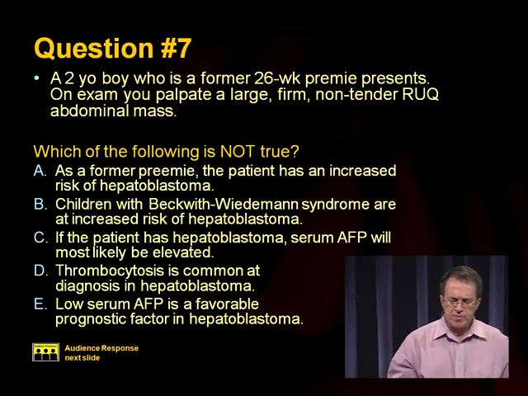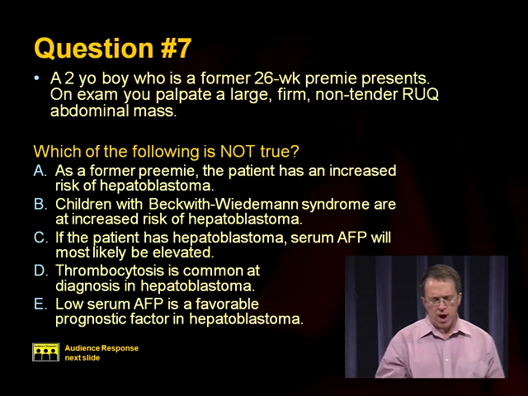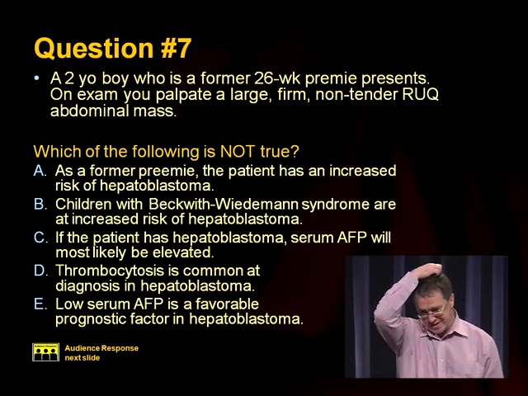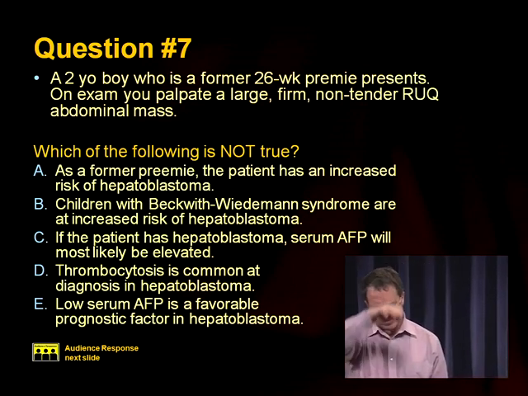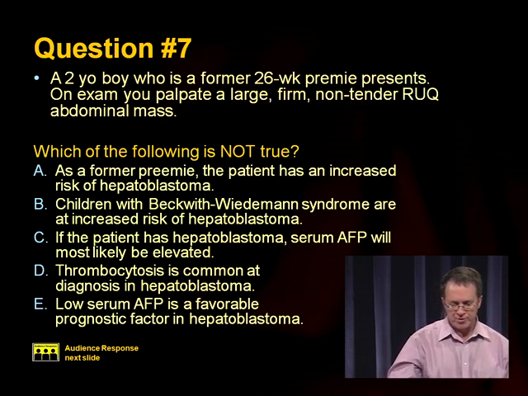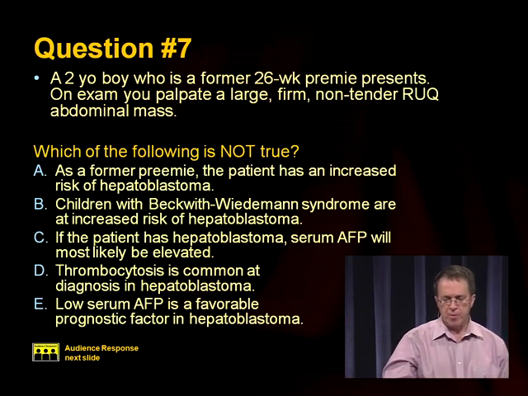Now this question, I'm not going to give you the time to do the audience response. This is the one you have to forgive me for. This is the question that my little niche in the big Baylor world is that I take care of children with liver tumors. So this is a former 26-week preemie with a big mass.